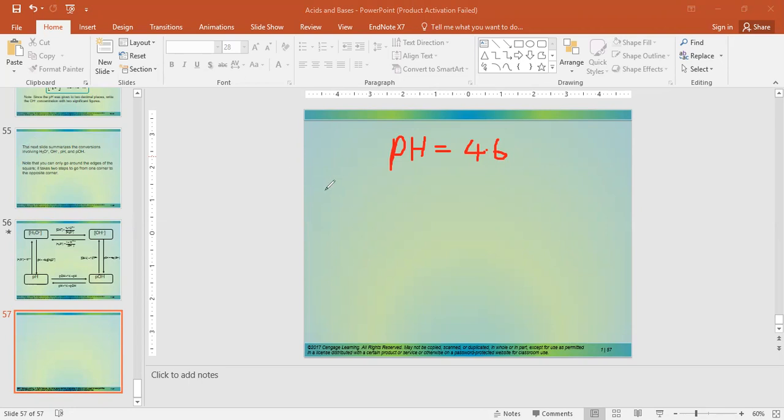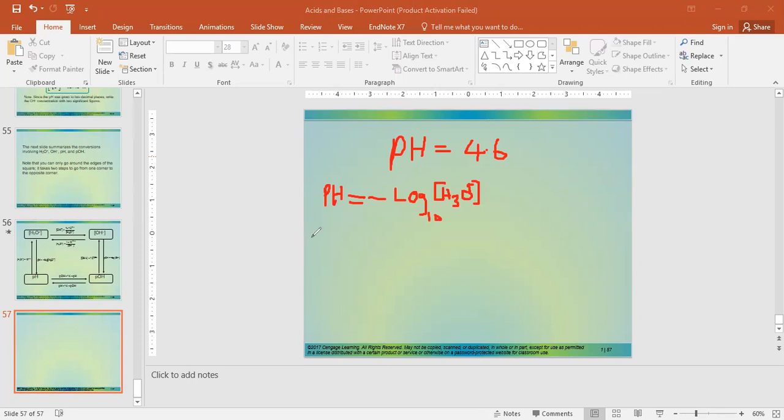We say that pH is equal to negative log to base 10 of the concentration of the hydronium ion, like that. We are together, Samuel?